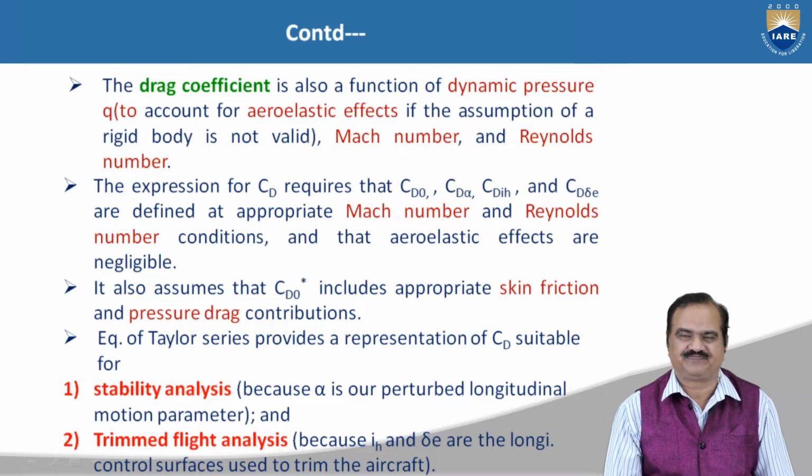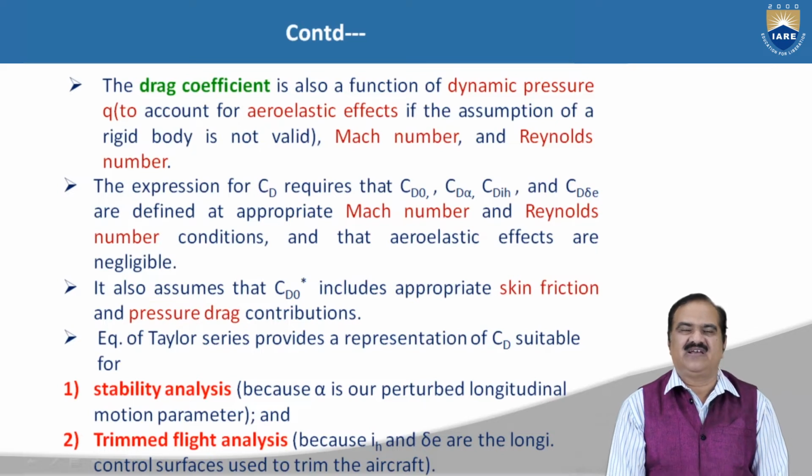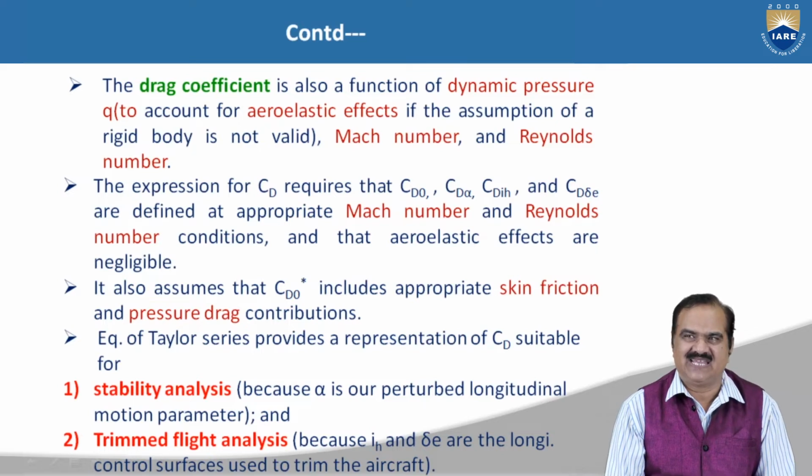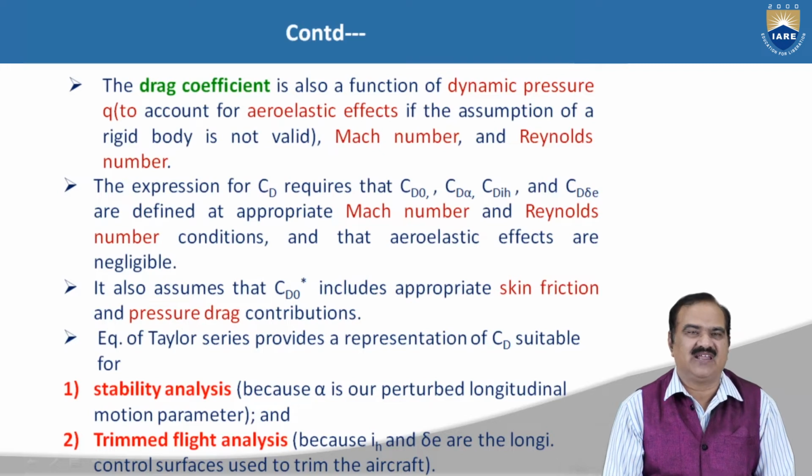The next is that the expression for CD requires that CD naught, CD alpha, CD iH and CD delta E are defined at appropriate Mach number and Reynolds number conditions, and that aeroelastic effects are negligible.